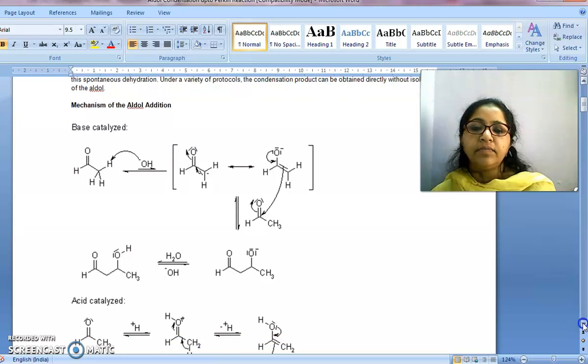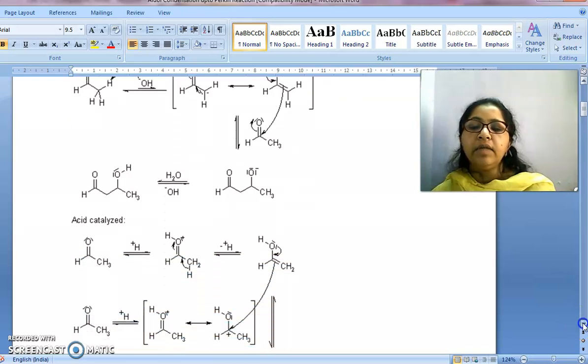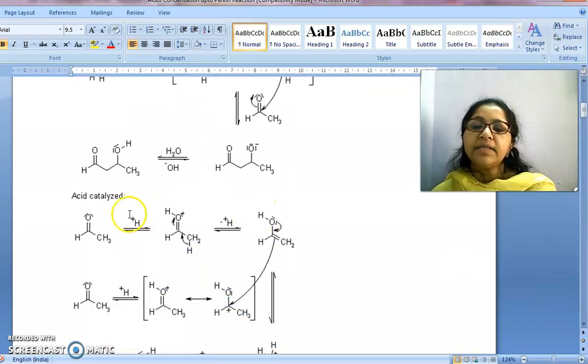This can also be done in the presence of acid. In the presence of acid, the lone pair on oxygen abstracts a proton and gets protonated, and with that the hydrogen bonded to the alpha carbon leaves and we get a carbon double bond.